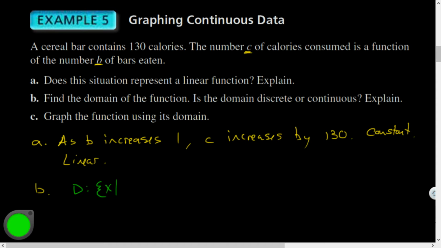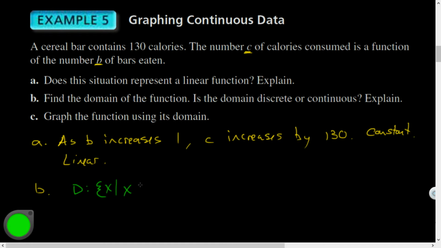Can I eat half of a cereal bar? Yeah, I could eat half of it. I could eat 2/3 of it. I could eat 72% of it. And then could I eat a million cereal bars? If you wanted to, if you're committed. So it looks like all positive numbers, even fractions, and then also 0 works.